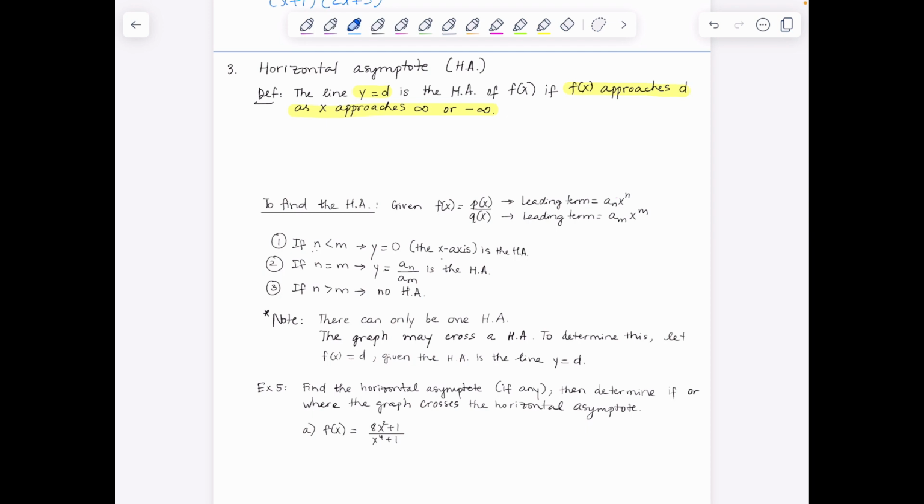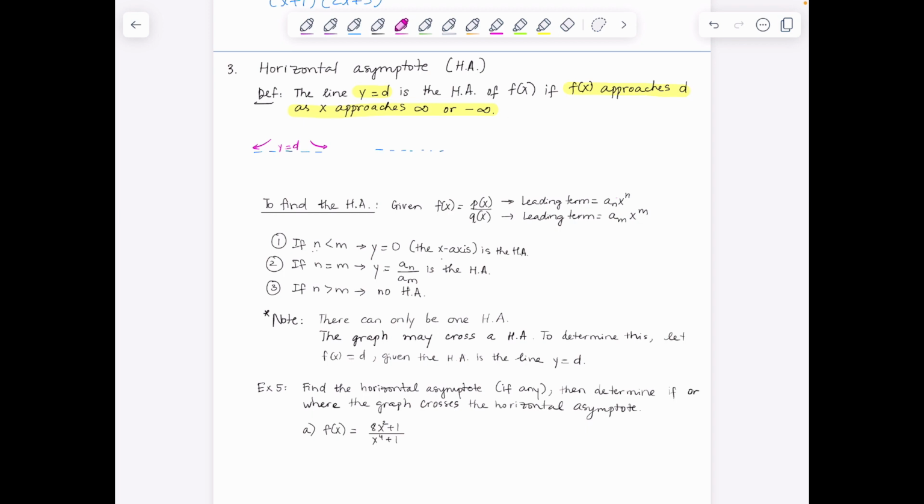I'm going to draw 4 scenarios. The first scenario, the graph could be approaching the line y is equal to d when x approaches infinity and x approaches negative infinity, and both are happening above that horizontal line.